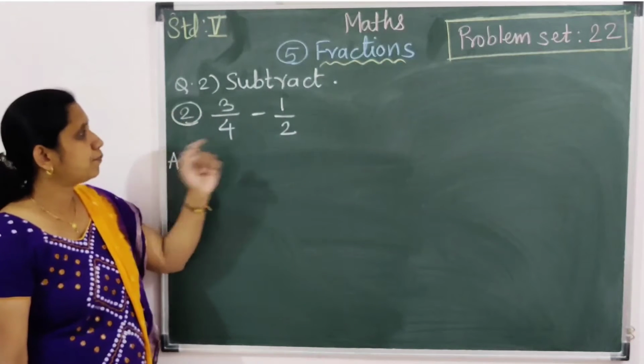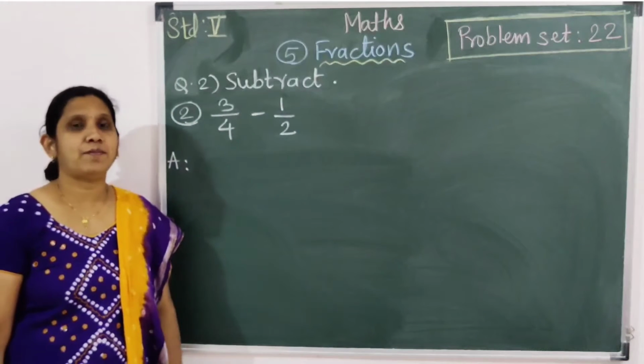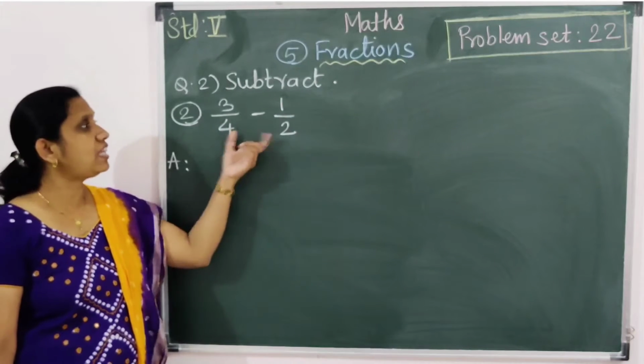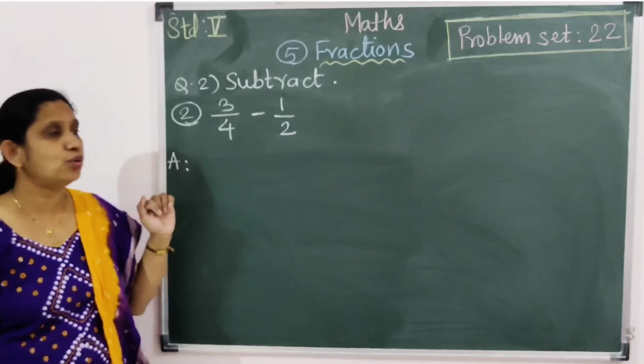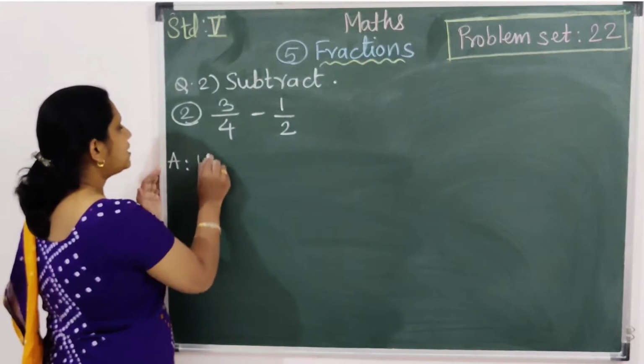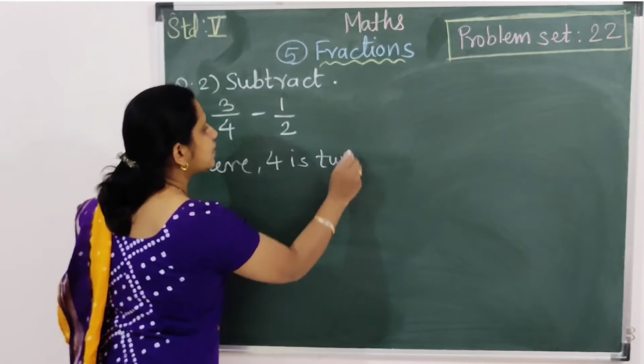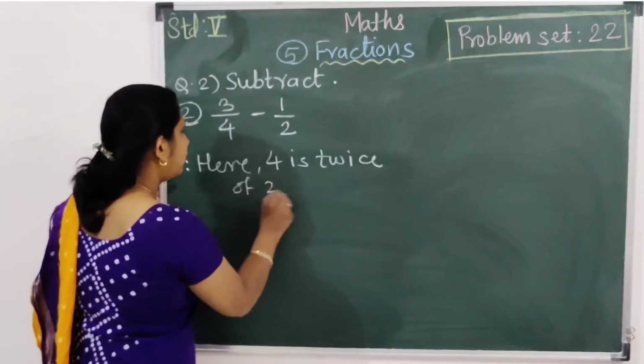Fractions are given: 3 upon 4 minus 1 upon 2. 4 is twice of 2. So we can change both the denominators to 4. So let us write here, 4 is twice of 2.